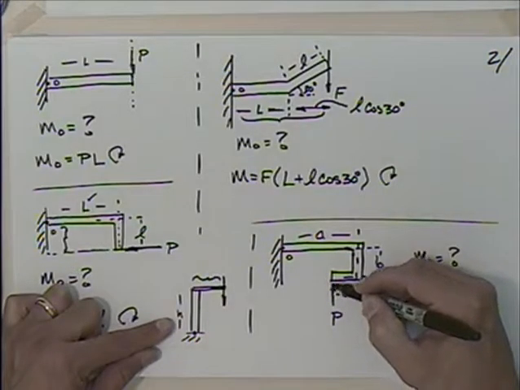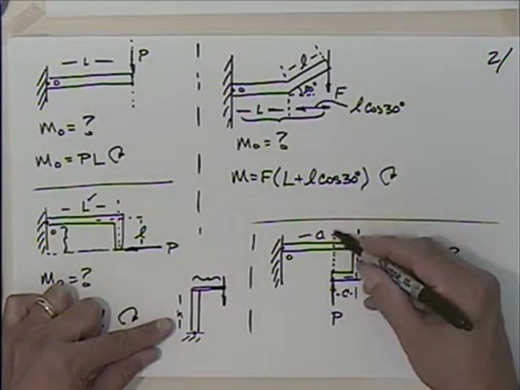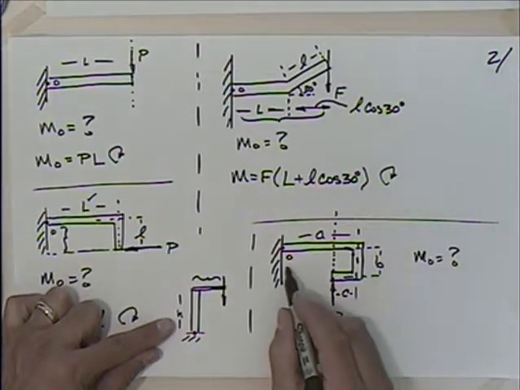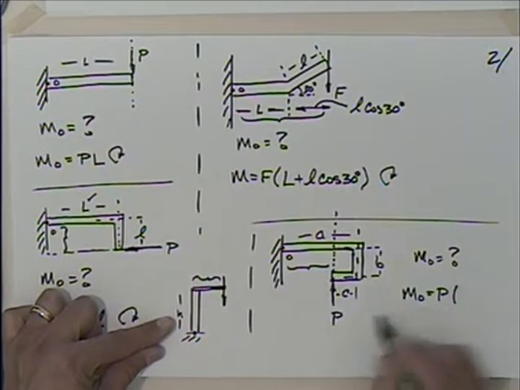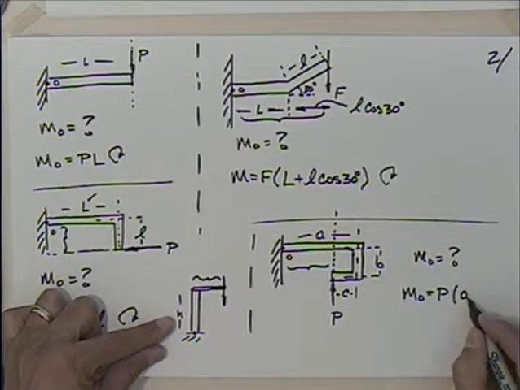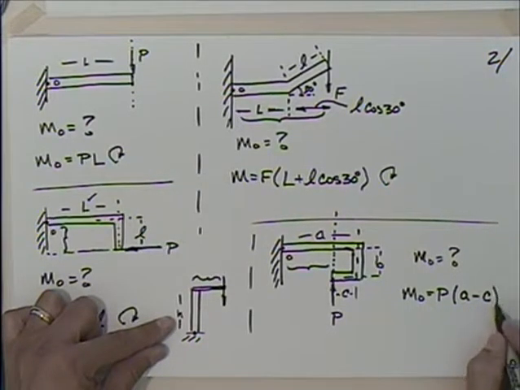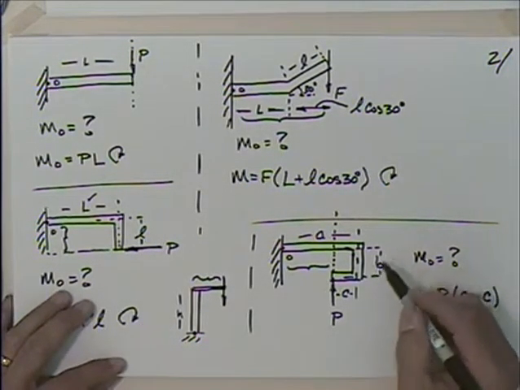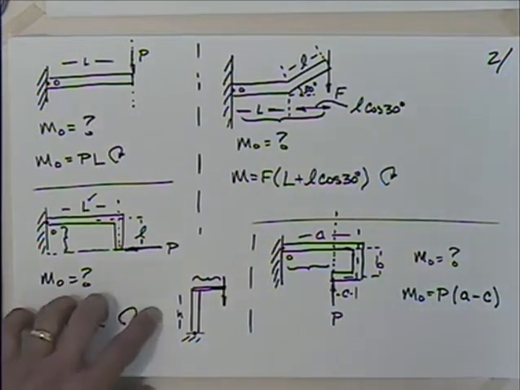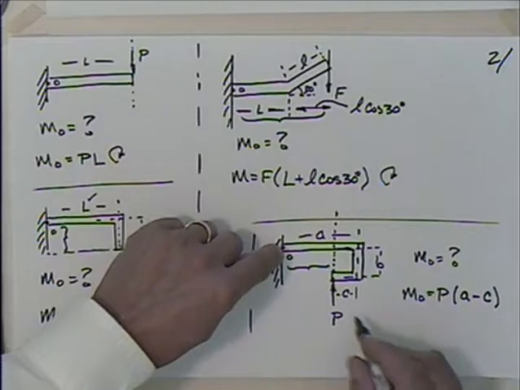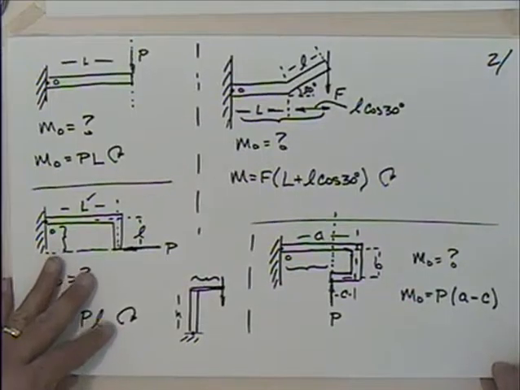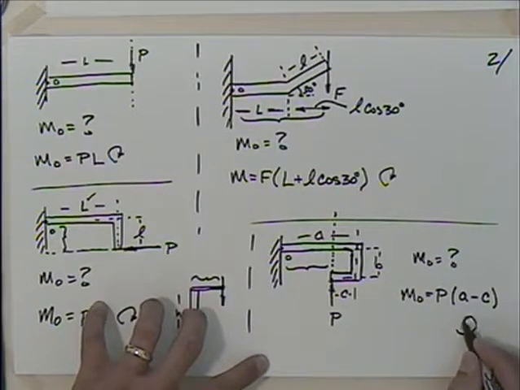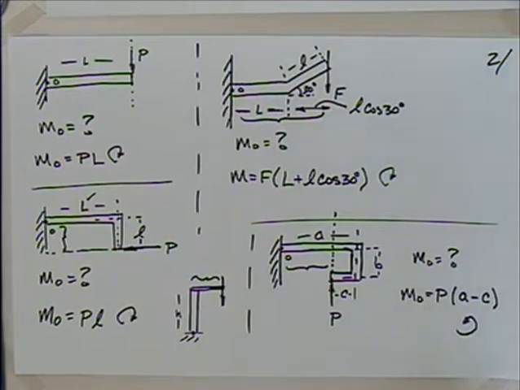Well, there's the line of action of the force, isn't it? So I need to find this perpendicular distance. So the moment about O is P times the distance. What's that going to be? A minus C. P times A minus C. You'll notice that B has no bearing on that. B is not a player here. It doesn't matter. And if we pin it here, which way is it going to rotate? You apply a force in that direction, and this is going to rotate like that, isn't it? So that would be counterclockwise. Okay, counterclockwise. So those are, hopefully, some good examples.